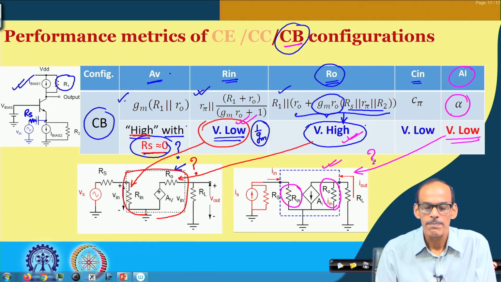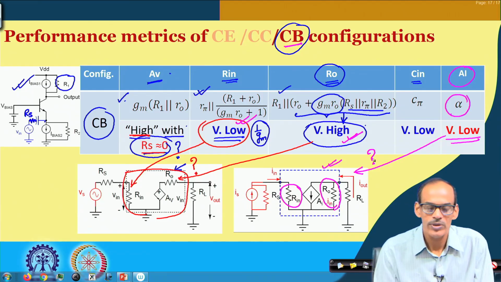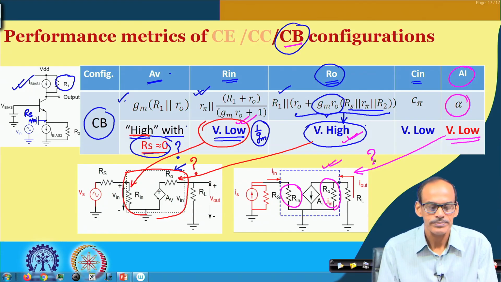So, probably the CB stage can be used for some better configuration, or rather we can mix this CB with other configurations to get overall circuit performance, either maybe for voltage or current mode amplifier, or maybe transconductance or transimpedance, that we will see.